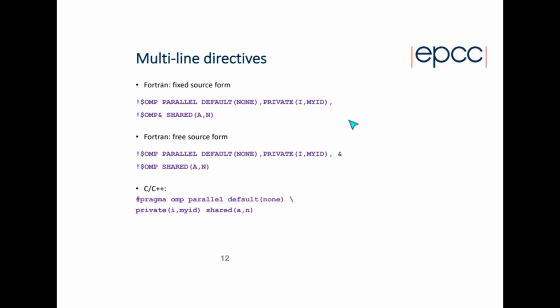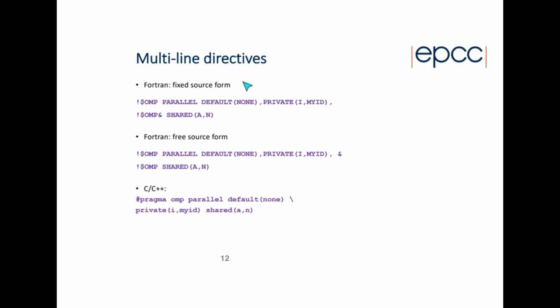Okay, so just a little bit of syntax: how to extend directives over multiple lines. Because if I insist that you use default none and list all the variables in private and shared clauses, then we can end up with long directives, so it's often convenient to split them over multiple lines in source.